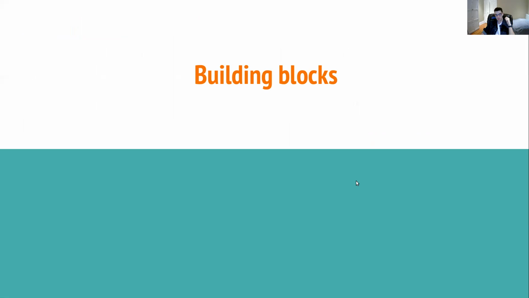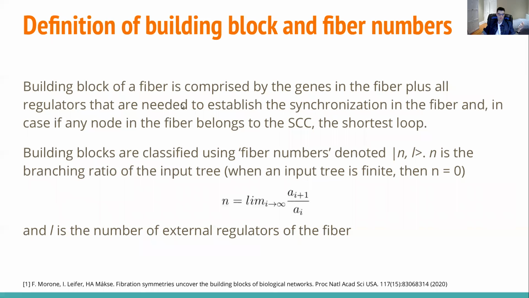So first I'm going to start with the results that are based on building blocks. So I'll start with the definition of the building block. Sounds like a good place to start. So a building block of a fiber is, number one, all genes in the fiber plus all regulators that are needed to establish the synchronization, which for now let's not go into depth about.